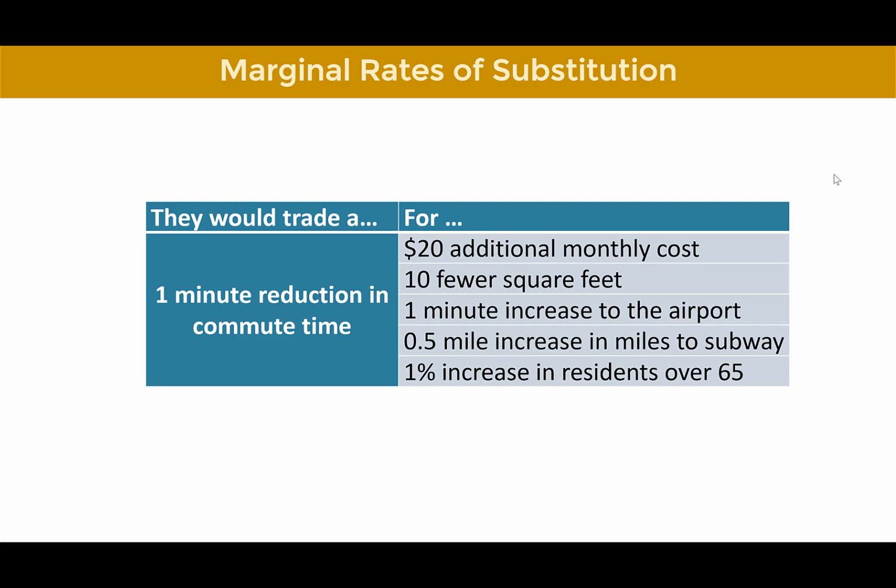So we're just starting with having those marginal rates given to us. For instance, someone would trade a minute reduction in commute time, so that's like 1 better in commute time, for 1 minute worse going to the airport, or a minute reduction in commute time for $20 additional in monthly rent cost. Now, where do these numbers come from?